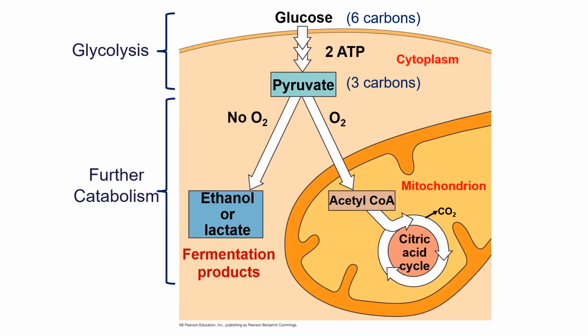So as an overview, the first step in this 3-part series of events is glycolysis, and that occurs in the cytosol, the liquid portion of the cytoplasm, and it liberates enough energy to make 2 ATP through substrate level phosphorylation. If oxygen is present, then we have 2 more steps that can occur within the mitochondria.